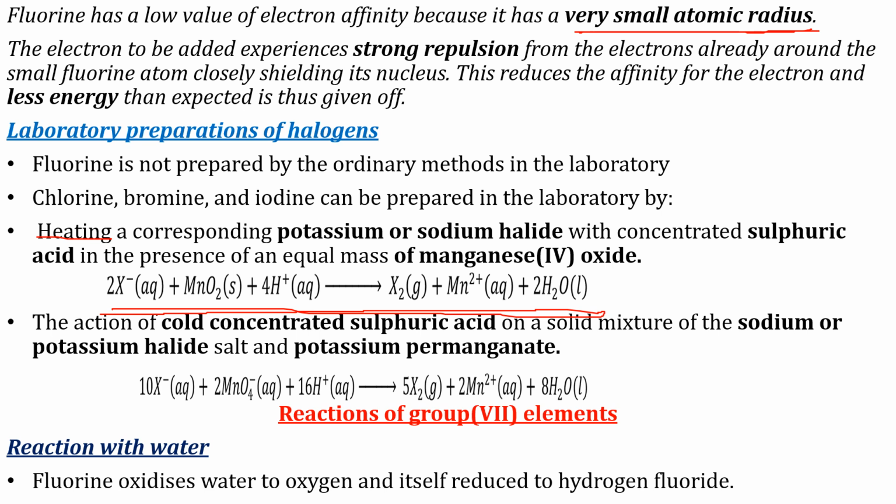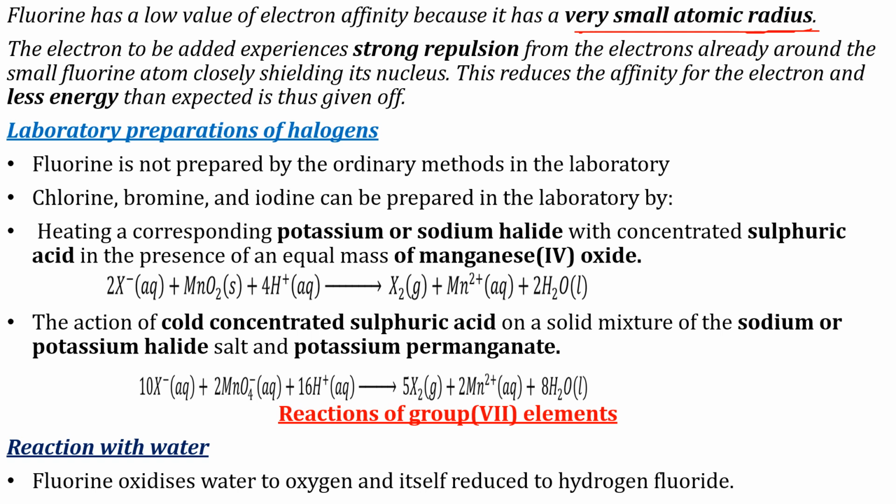That's what we call halides. Reacting them with concentrated sulfuric acid in the presence of manganese(IV) oxide. Now these are redox reactions, and we shall look at redox reactions explained fully so that we can understand how to balance these equations in the subsequent videos.